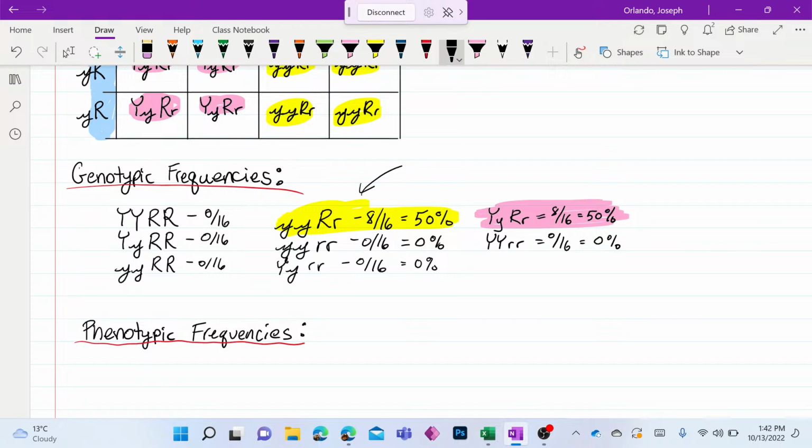This fellow right here, what's he look like? Very good. He's green and round. And how many of those did we have? 8 of 16, which is, of course, 50%.